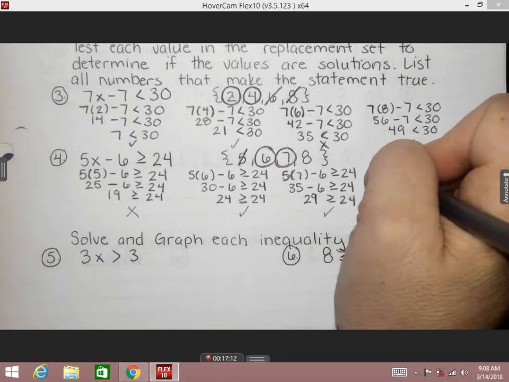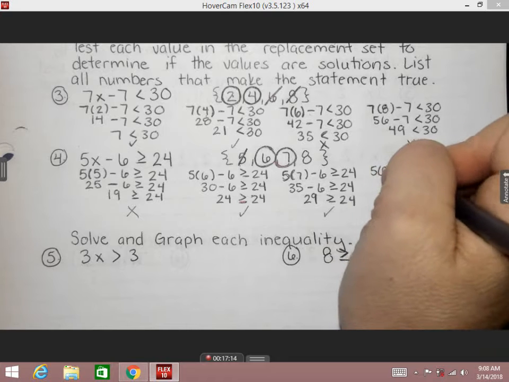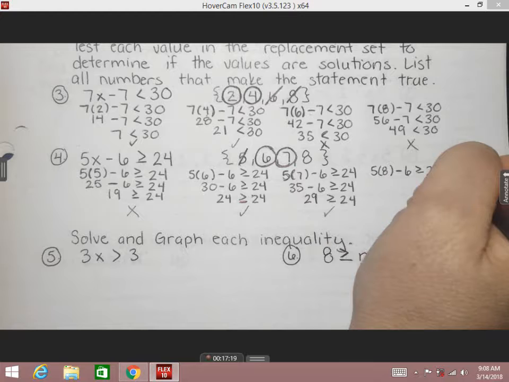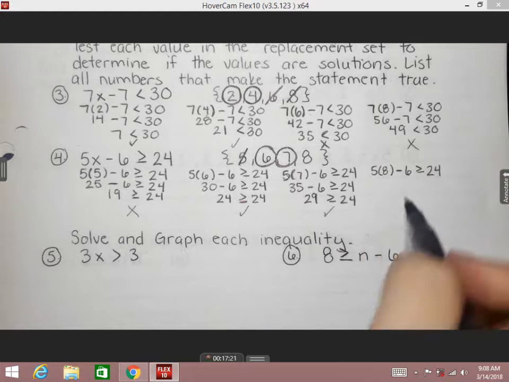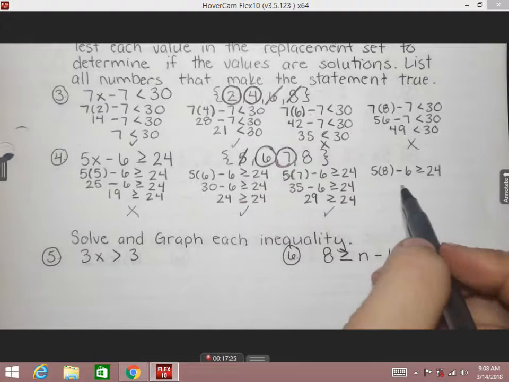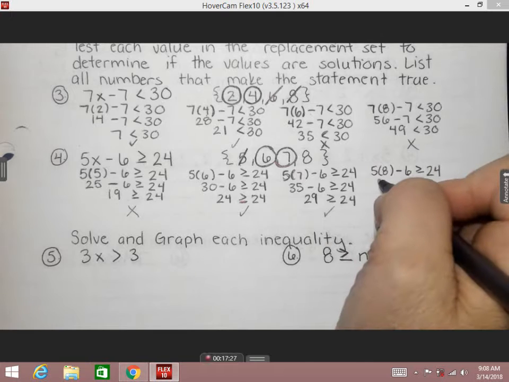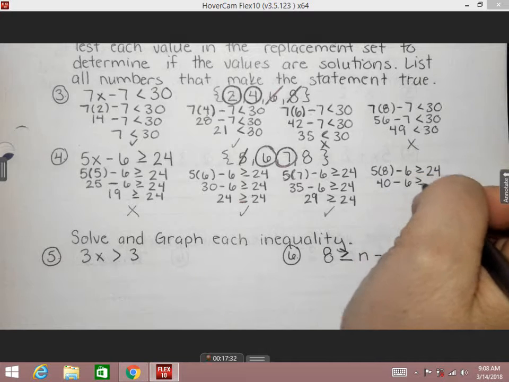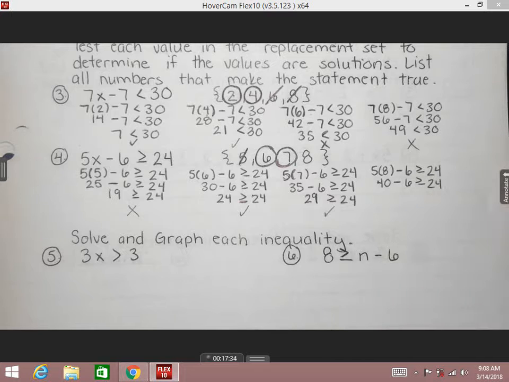So we're going to have 5 times 8 minus 6 greater than or equal to 24. All right? Starting out with my multiplication, what do I get there, Blake? 40. Minus 6 greater than or equal to 24.